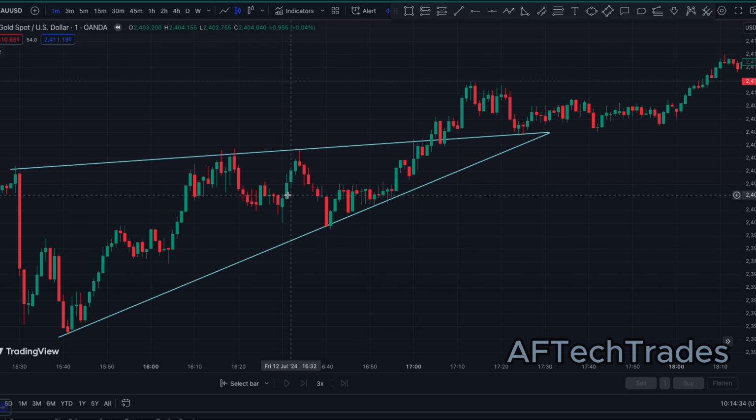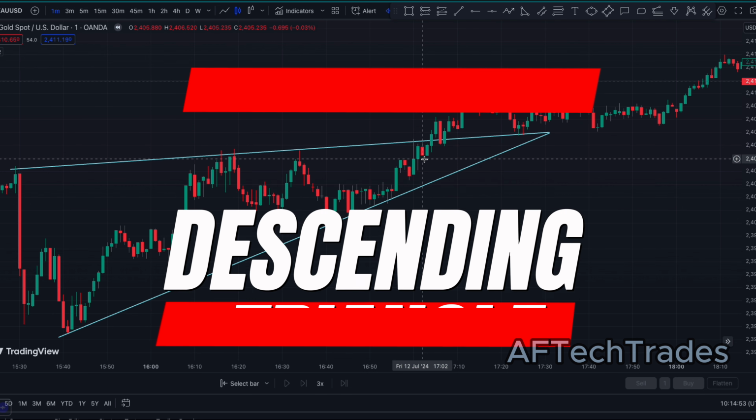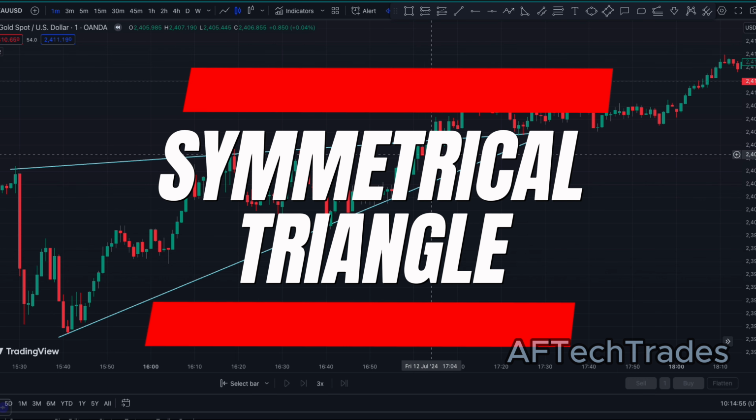So once you see something like this on your chart, if you want to use the same strategy, then you can just bring out your trend line and plot it out to see if it forms something like this, maybe the ascending triangle or the descending triangle or symmetrical triangle.